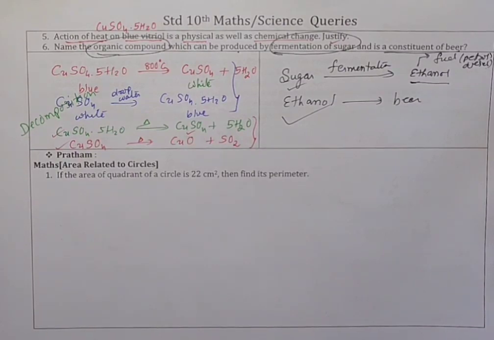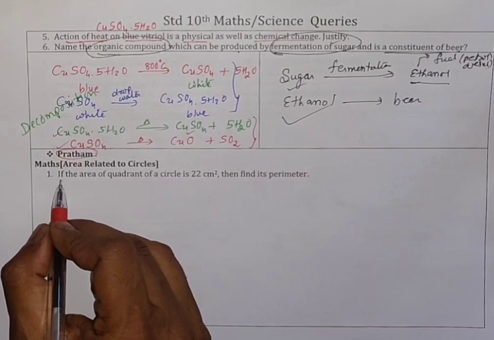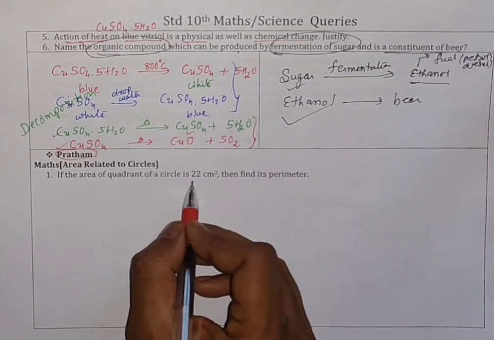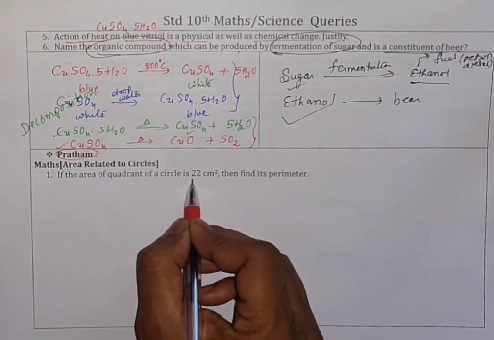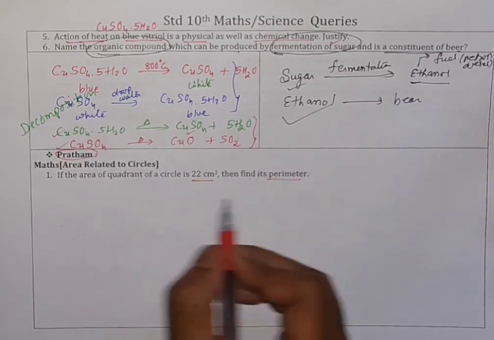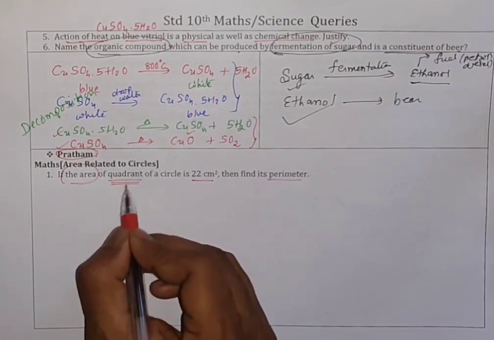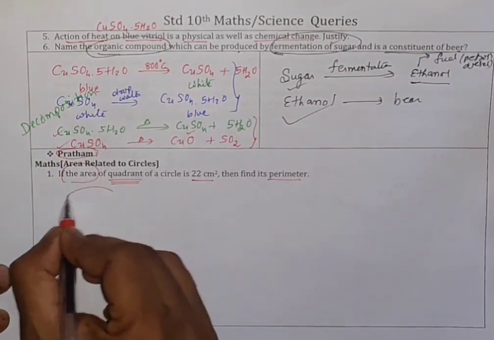Okay. Now there is one question from Pratham. Alright. It's from maths. If the area of a quadrant of a circle is 22 centimeters square, find its perimeter. Children, area is given. Of what? Of the quadrant. So I'll draw a figure.